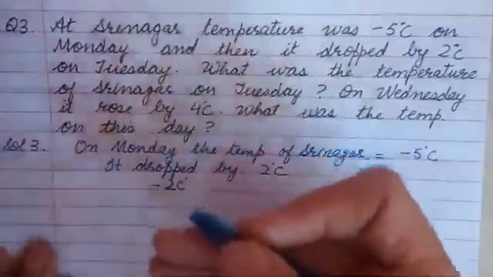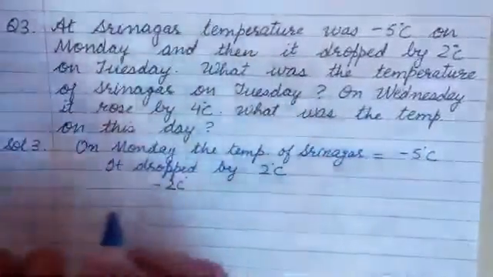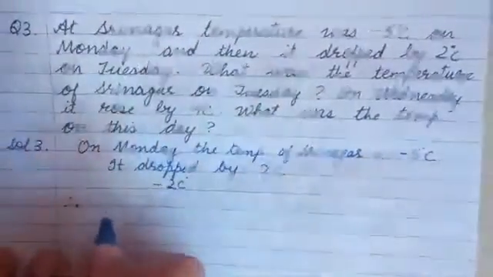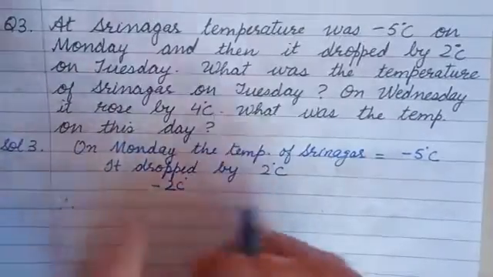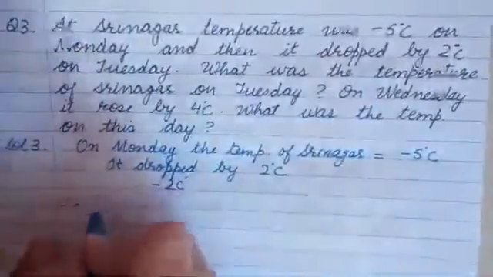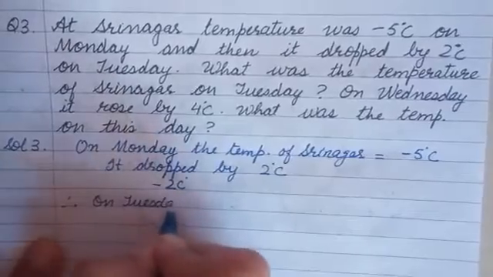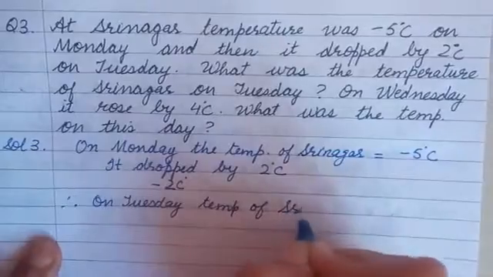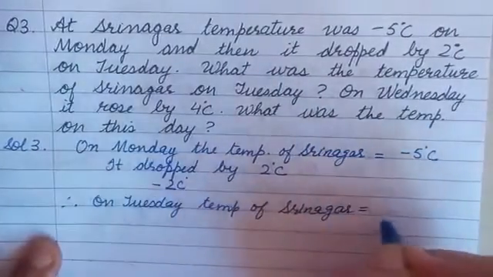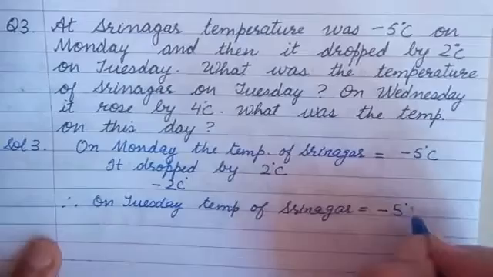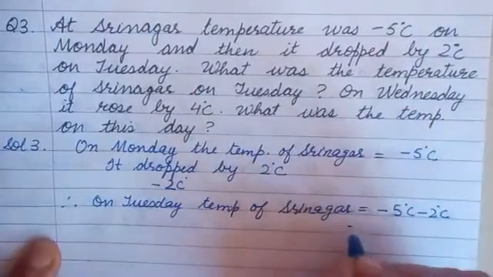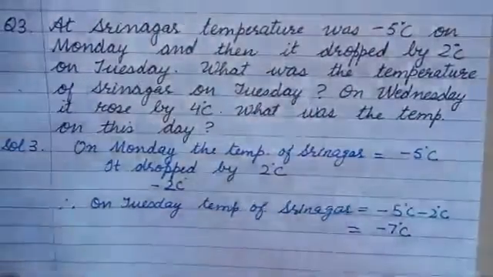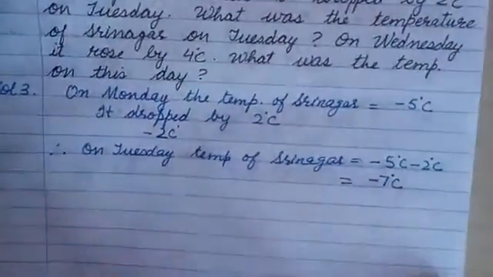Drop means temperature is decreasing, minus 2. So therefore the temperature, what was the temperature on Tuesday? On Tuesday, temperature of Srinagar was -5, -2, -7 degree. Negative integers, add them up, put the minus sign before the sum.